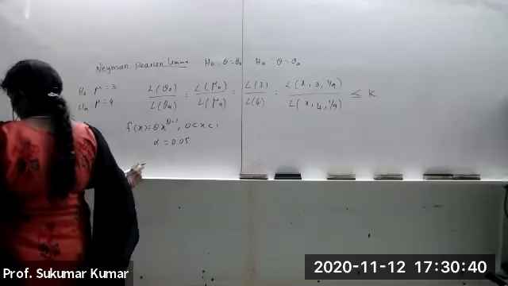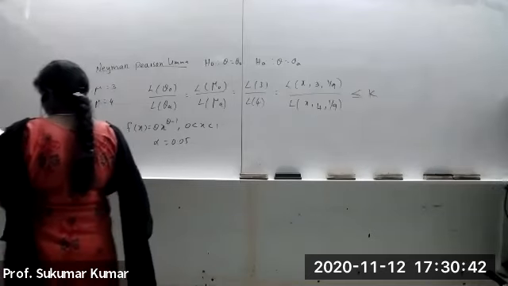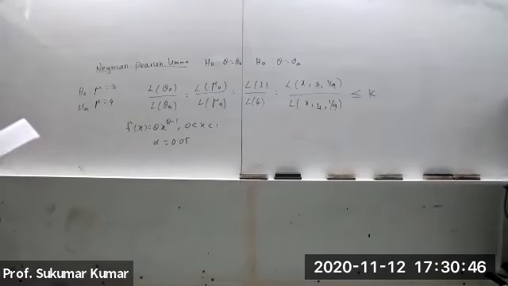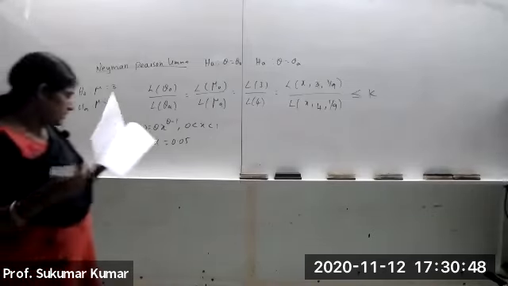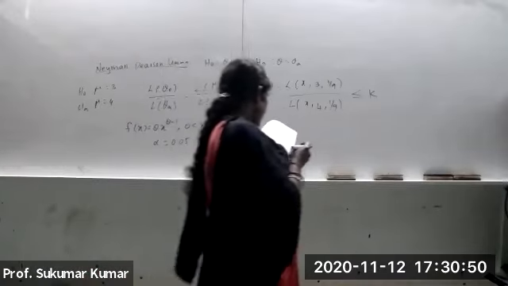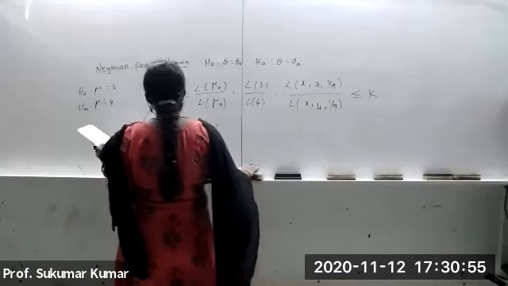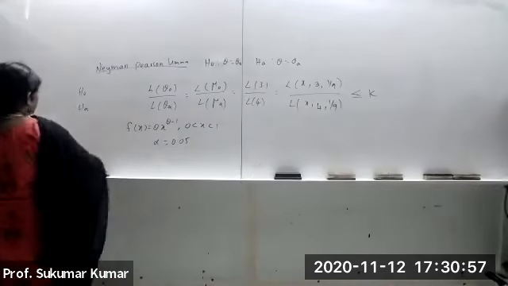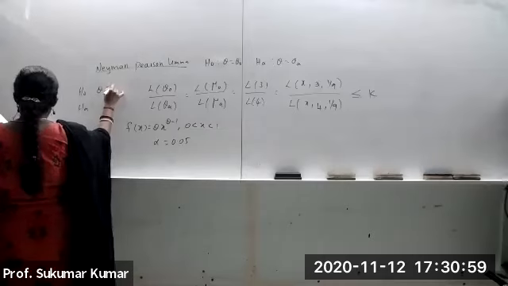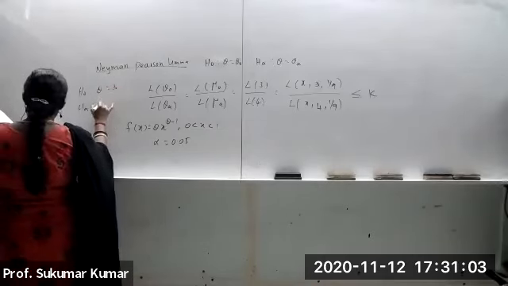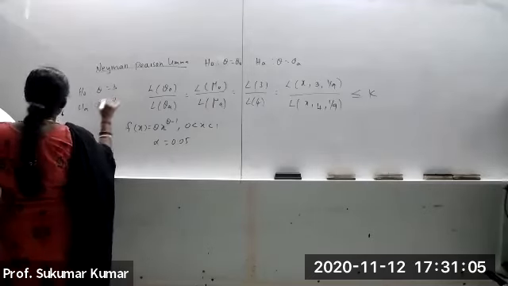for testing the simple null hypothesis H naught: theta equal to 3 against the simple alternative hypothesis HA: theta equal to 2.